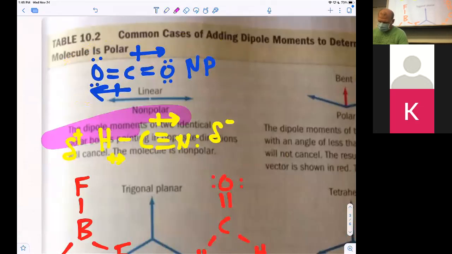But for something like hydrogen cyanide, it's a central carbon with a hydrogen and nitrogen. They're different atoms. Therefore, there's a break in symmetry, and because of that, it's going to be a polar molecule. In this case, the nitrogen has a negative charge.